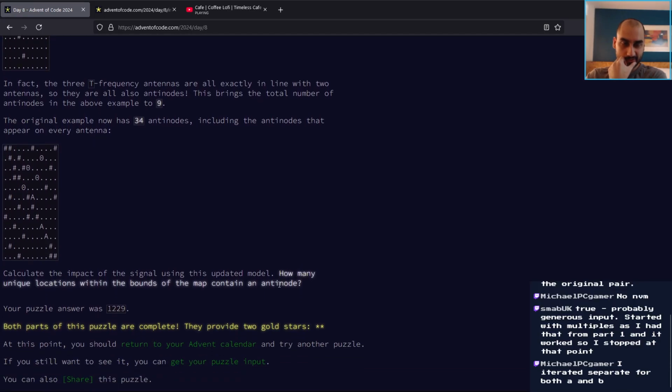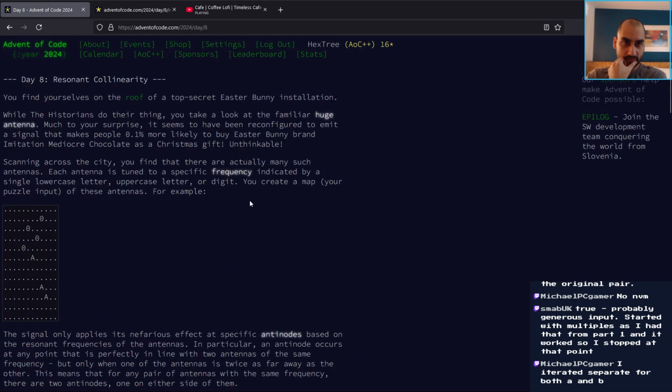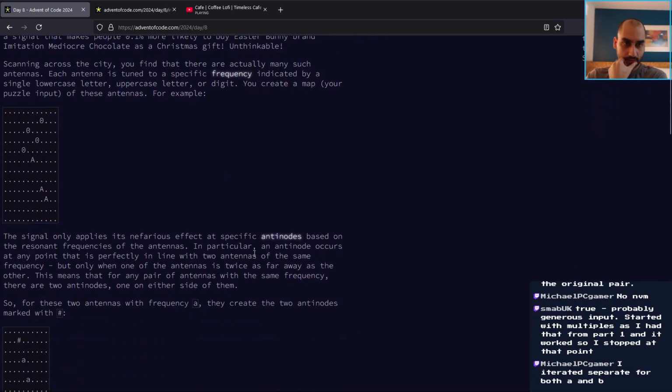I'm not sure I like this description. I mean, there's nothing wrong in this description, so I have no valid complaint here. The way I've coded it matches the way other people have coded it if they've just gone with multiples of distance.